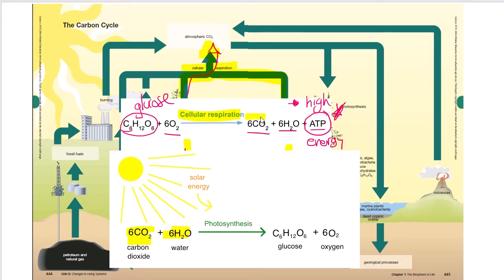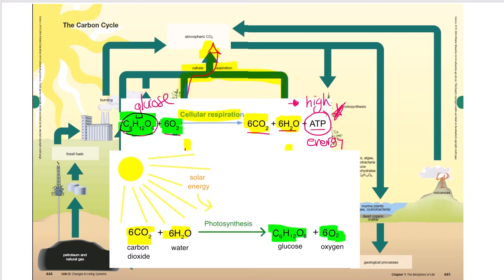In cellular respiration, the carbon dioxide and water are products. And in photosynthesis, we made glucose and oxygen. Well, those are the things that go into cellular respiration. So photosynthesis and cellular respiration are basically the opposite of each other, at least when we look at them on the big scale like this.